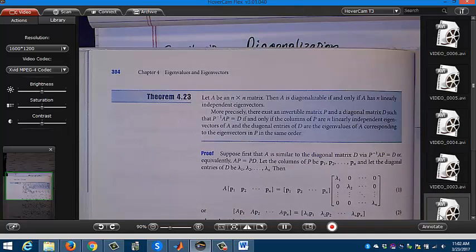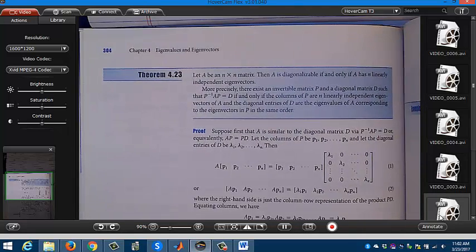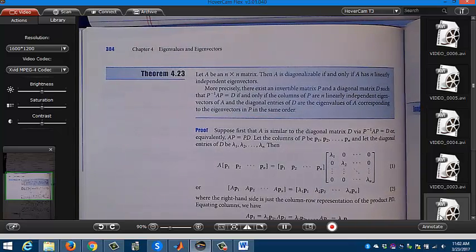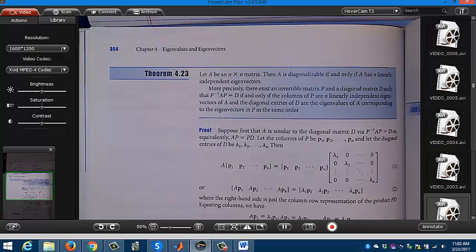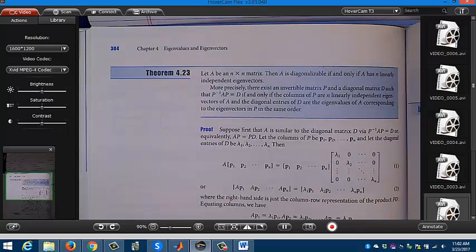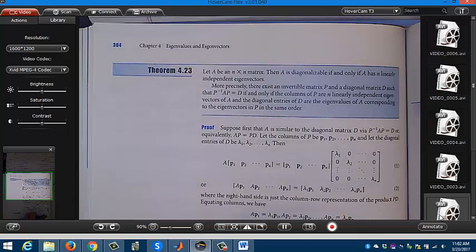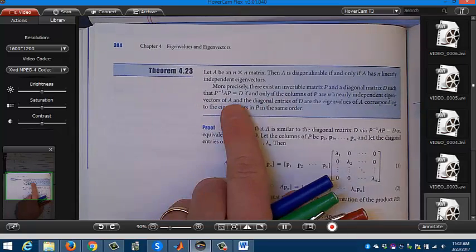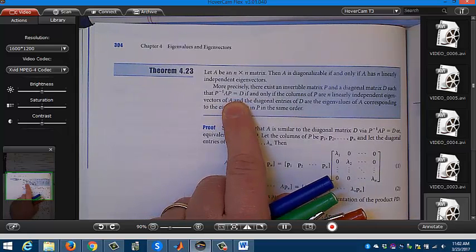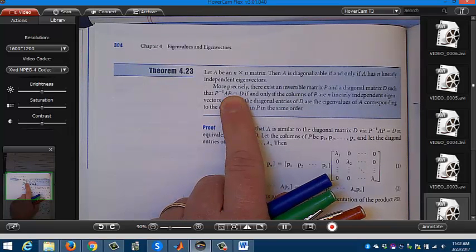So here's the theorem, right? A is diagonalizable if and only if it has n linearly independent eigenvectors. I'm not going to do the whole proof, but I am going to make the point that the way we formulate matrix P when we diagonalize is we use eigenvectors.